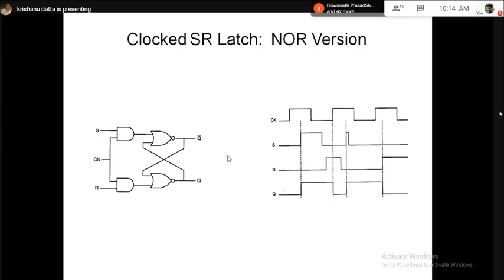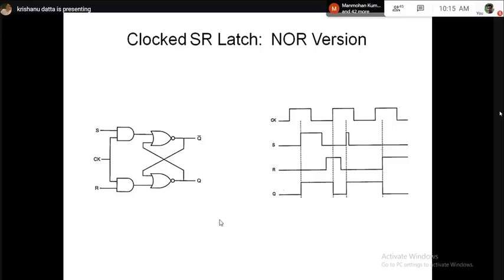So continuing on that, I want to make a D latch using this clocked SR latch. Why do I want to make a D latch? D latch means data latch, and clocked data latch. This means in industry, whenever we talk about any latch operation, it always has to be clocked.